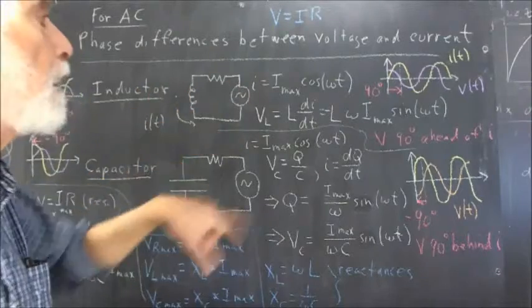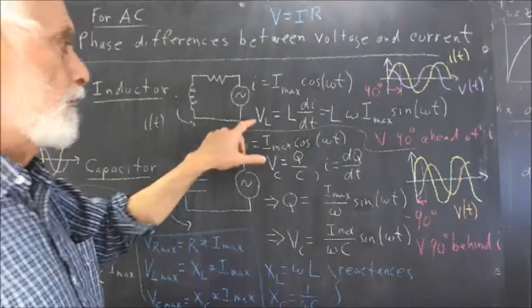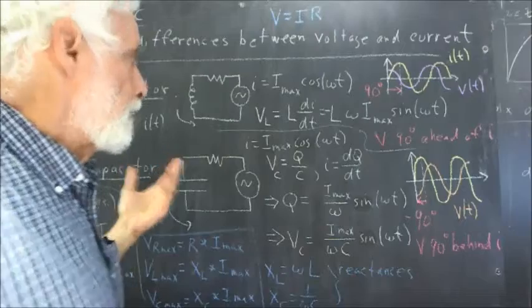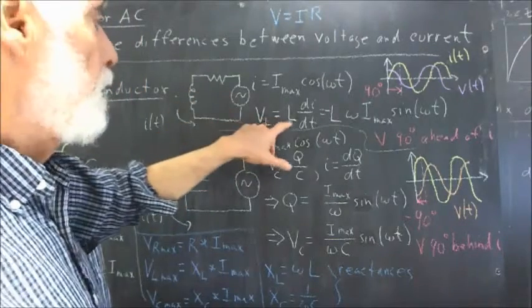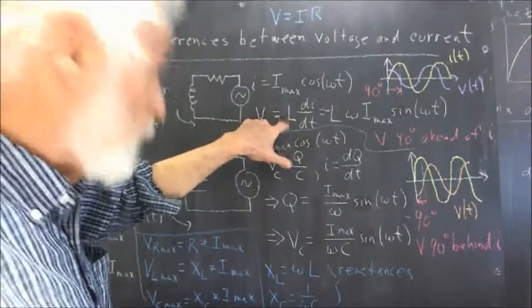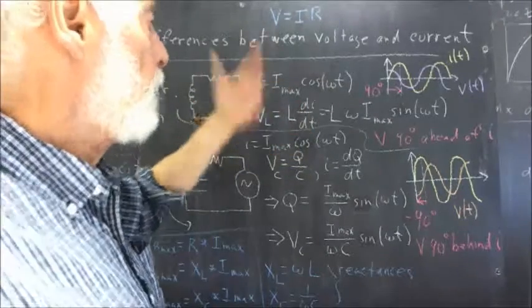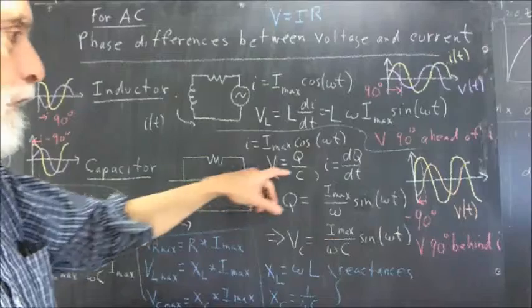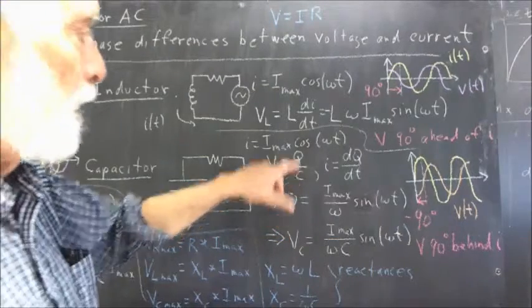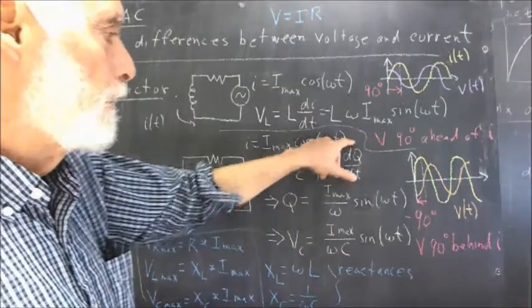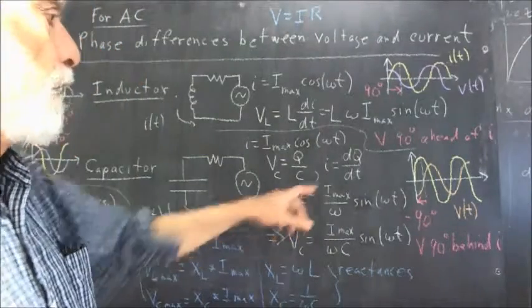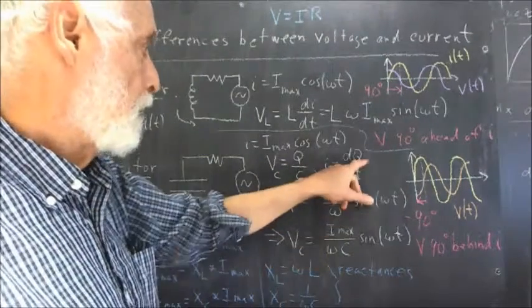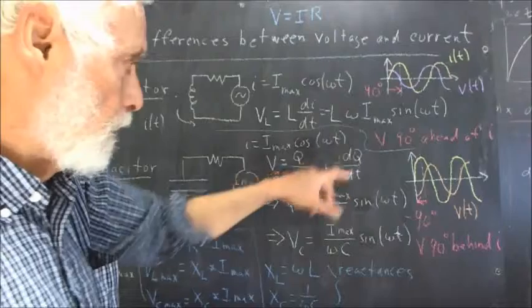Series circuit. Then the voltage across the inductor is just equal to the inductance times the derivative of the current, and that's very straightforward. The voltage of the capacitor is Q over C, where the current is dQ/dt.